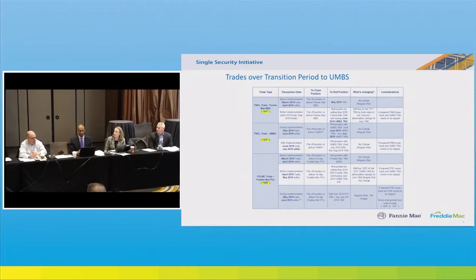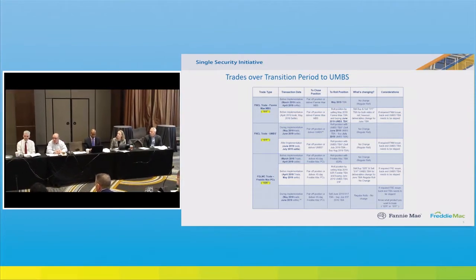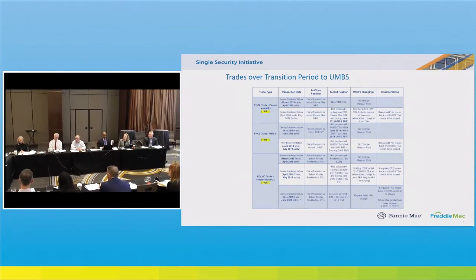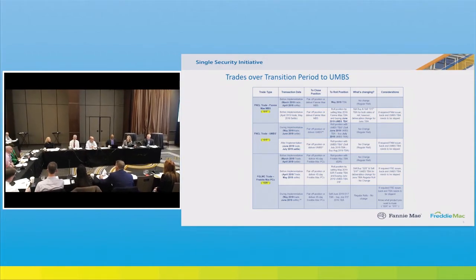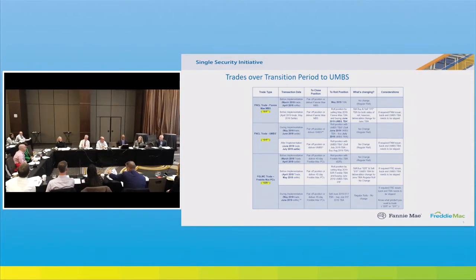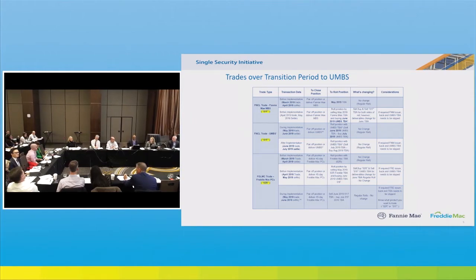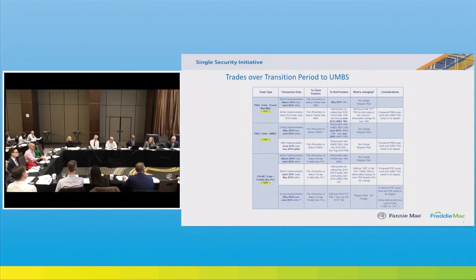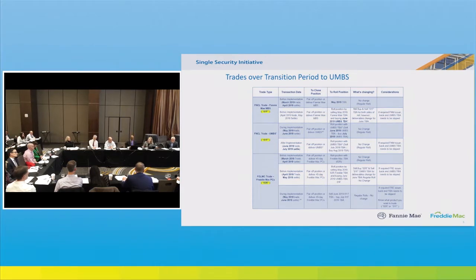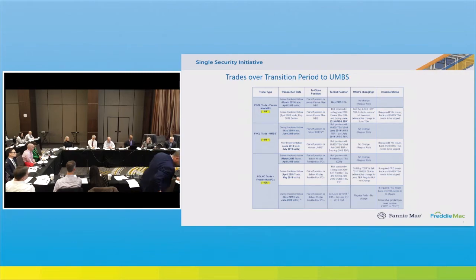But that's another thing the TBA group will be voting on, so that decision will be made within that group. So I think those are the issues. Even if O1F is O1F, it may be a little awkward to be filling a Fannie fail with a Freddie UMBS. So that has to be worked out.